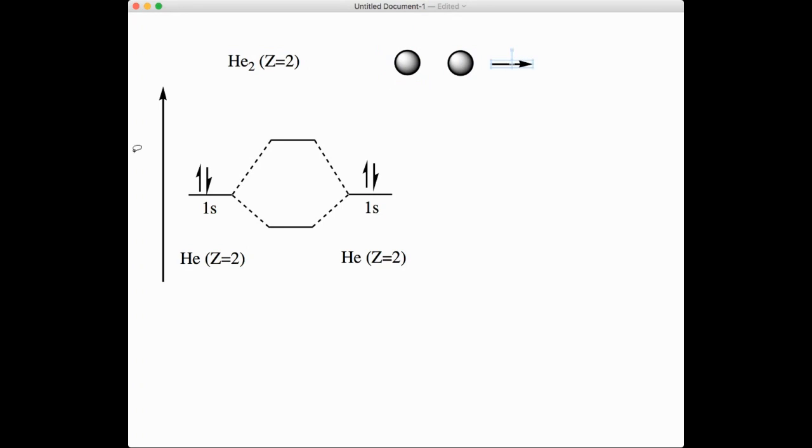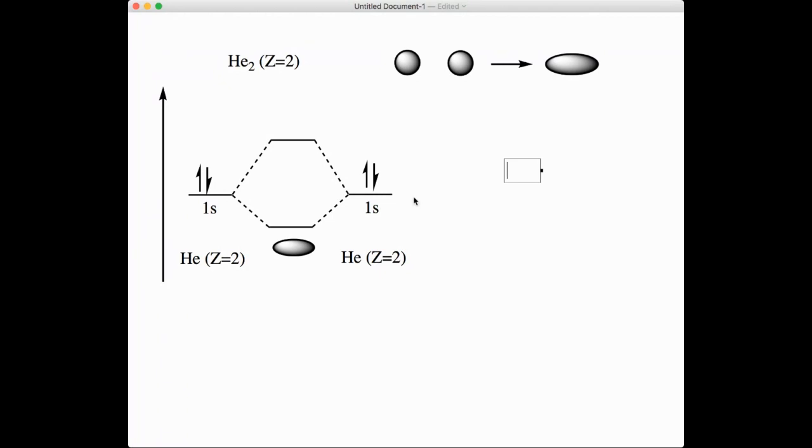So they are both in phase, so they are kind of merging together to form an orbital which looks like this, okay? That's an in-phase combination. And we agree also that because this orbital is cylindrically symmetrical around the axis, we call this orbital a sigma bonding 1s molecular orbital.